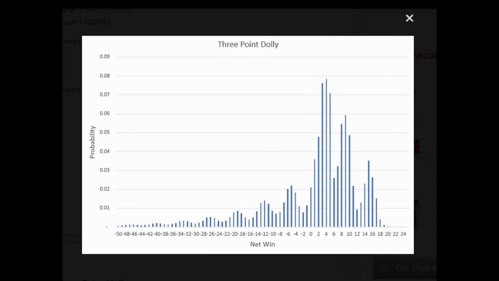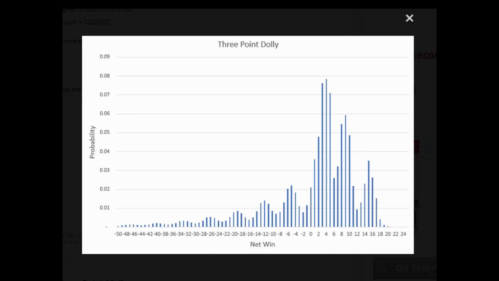So this shows the probability of every net win from -50 up to 24, which covers almost every outcome. And you can see right here where the 0 is, that is exactly breaking even. So you can see that the player does get a win most of the time, as these highest probabilities are for wins of around 4.